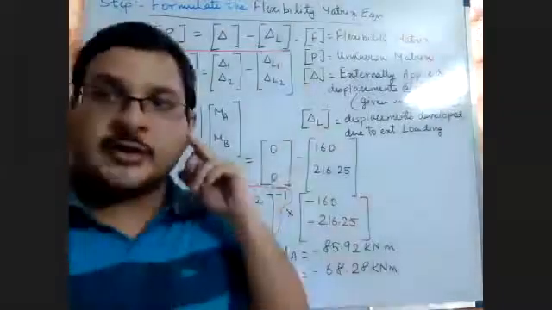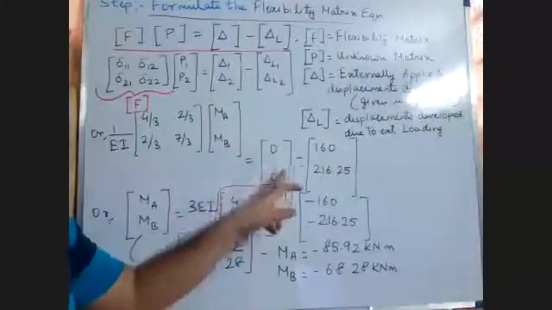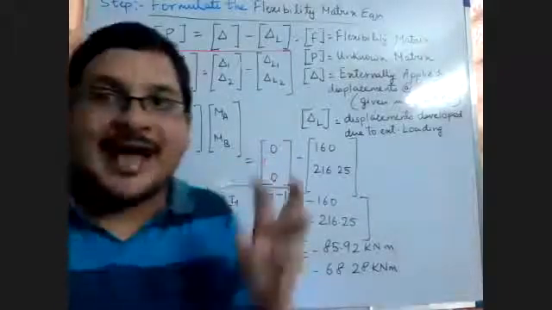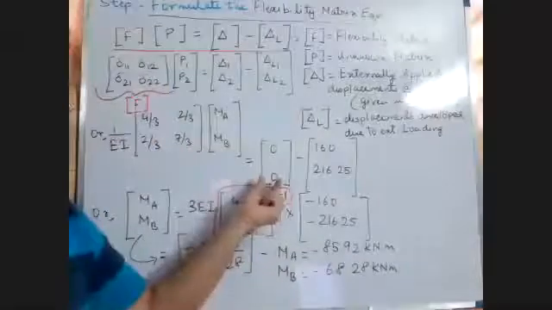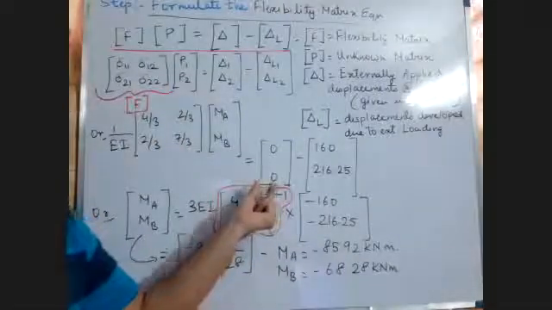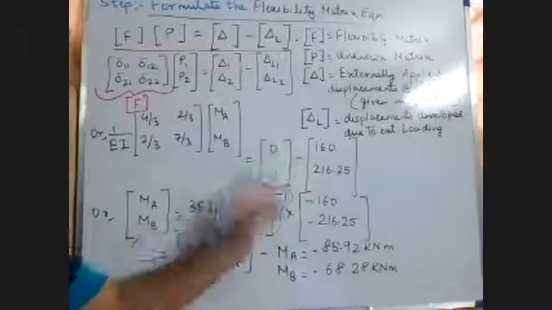If in the question it is mentioned that, for example, support A, that is delta 1, or support B, which is delta 2, has settled by this value, then we will put the value here. Or else there is no requirement to do, there will be 0 always.